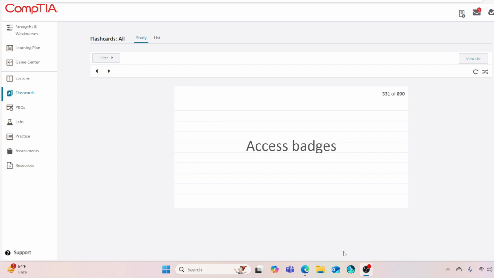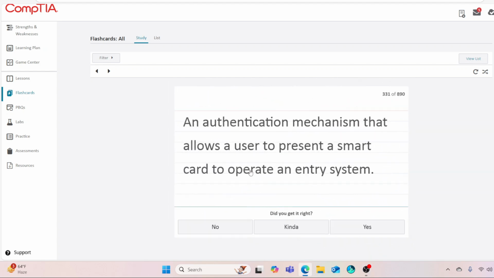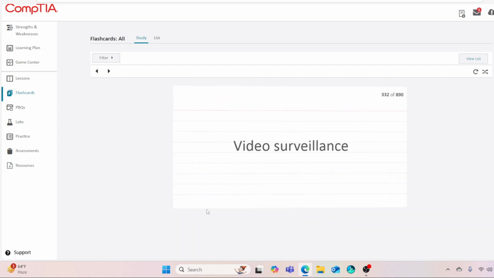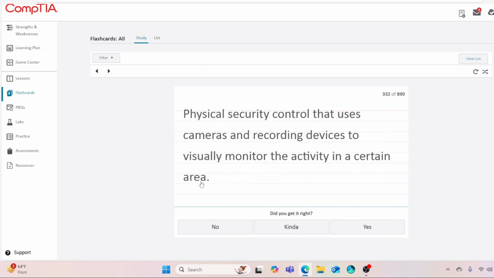Access badges. An authentication mechanism that allows a user to present a smart card or operate an entry system. Video surveillance. Physical security control that uses cameras and recording devices to visually monitor the activity in a certain area.